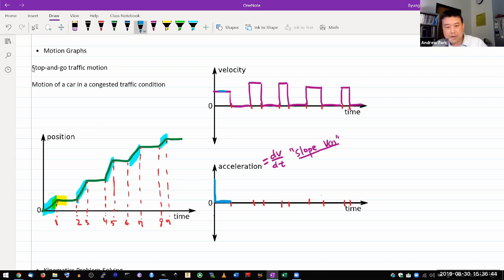You see that for all the segments between 1 to 2, 2 to 3, 3 to 4, they are all flat. That's a part of the approximation I made. So acceleration during all these periods within this approximation is all 0 between these transitions. So that's the part that, oops, it's meant to be 0.